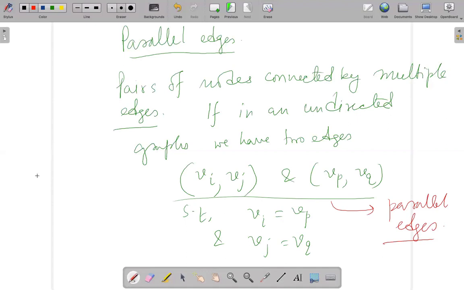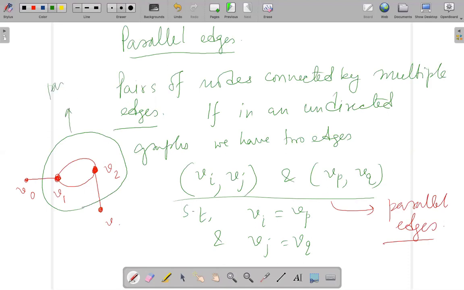So an example is like this. So this portion here in the picture represents a parallel edge.